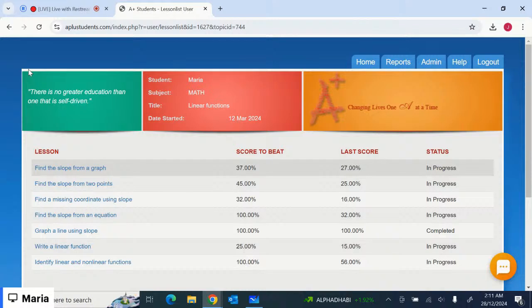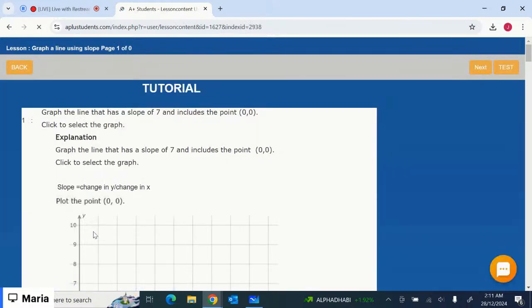Graph a line using slope. Let's just start with the lesson. Graph the line that has a slope of 7 and includes the point.